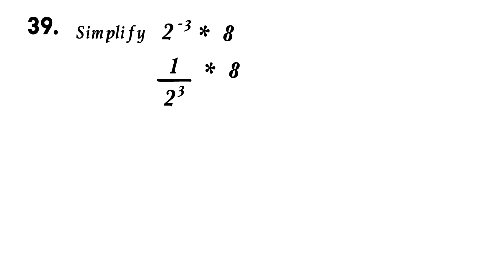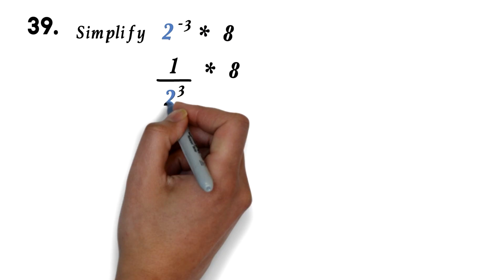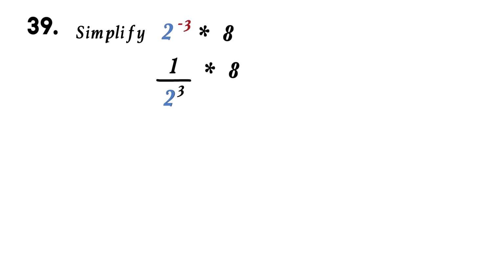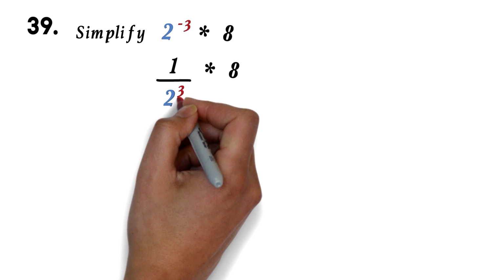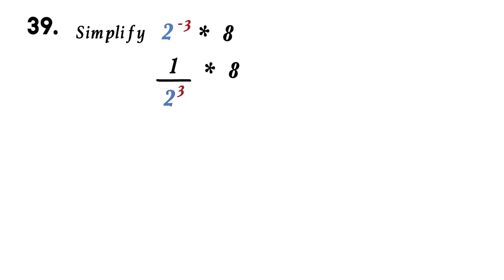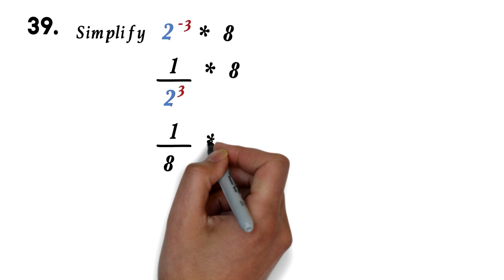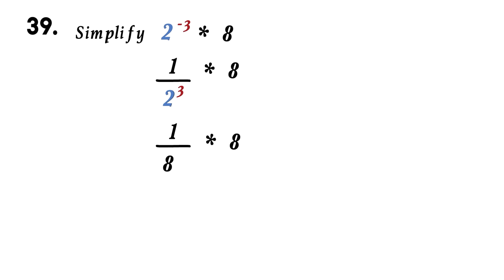Note that the 2 comes to the denominator and the exponent negative 3 now becomes exponent positive 3. 2 exponent 3 is 8. So we have 1 over 8 times 8. The 8 can cancel out, so our final answer is 1.